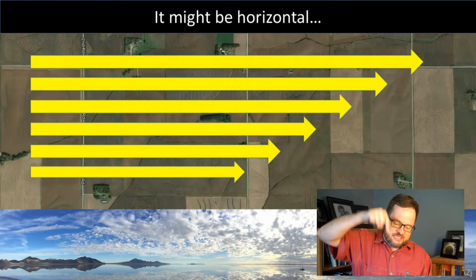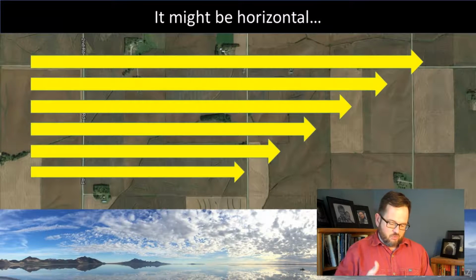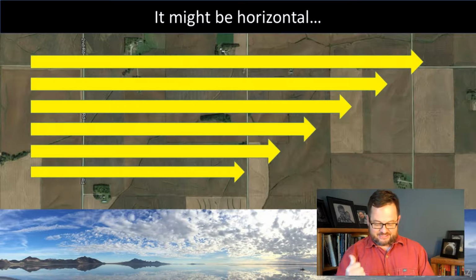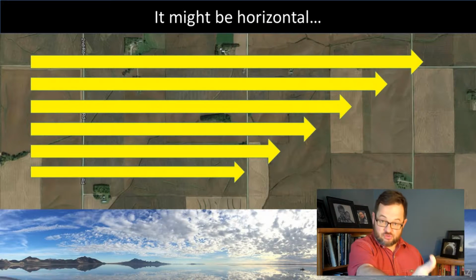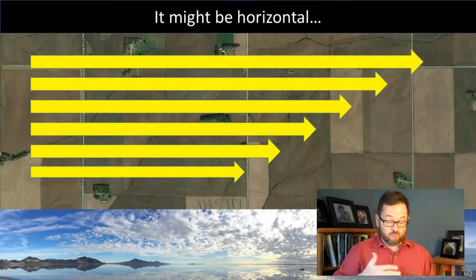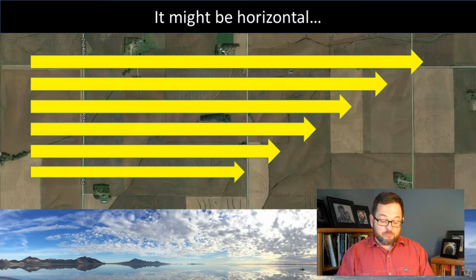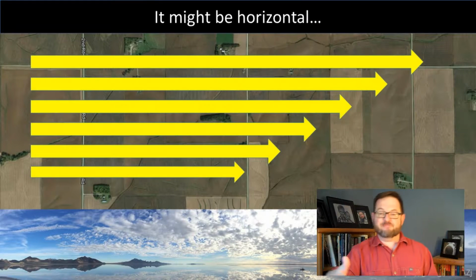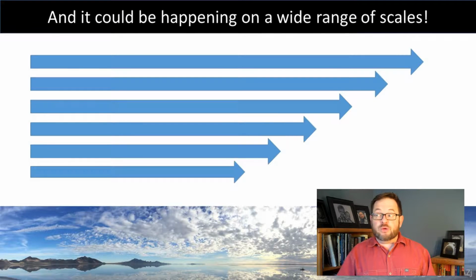Or maybe I'm looking down on a map, and this is horizontal wind shear, where at the south end of those farm fields the winds are weaker, and as you get farther to the north, the winds are stronger. There's a wind speed gradient here. I'm starting with no preconceived idea as to which way I'm talking about this flow, nor about what scale.